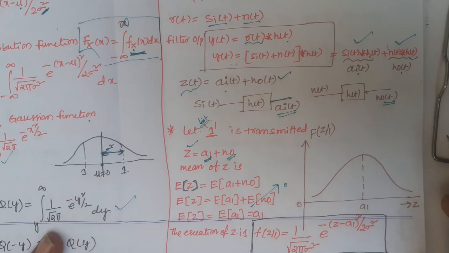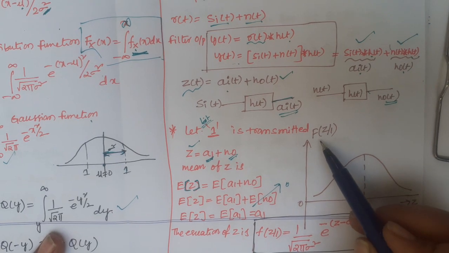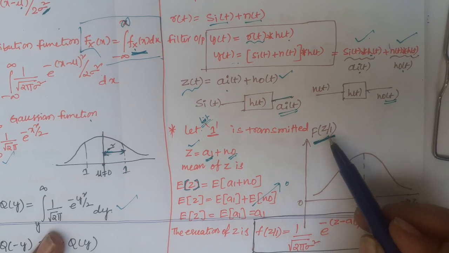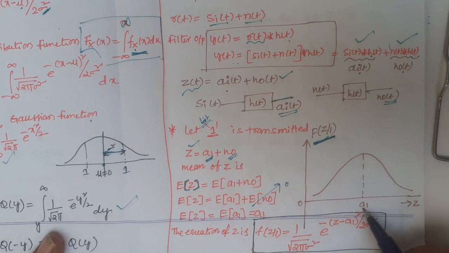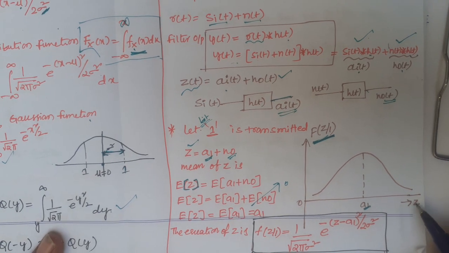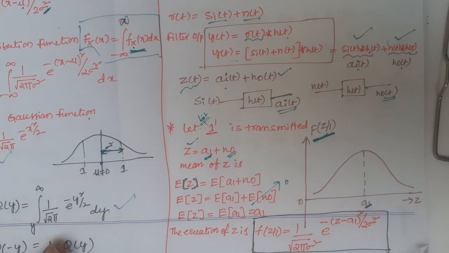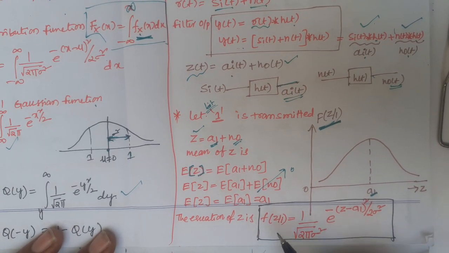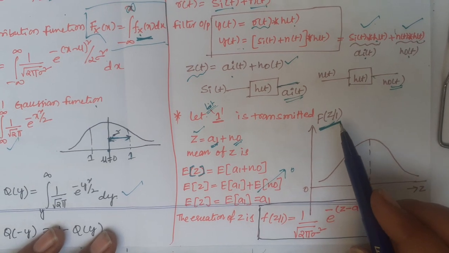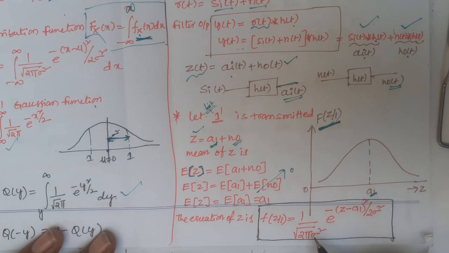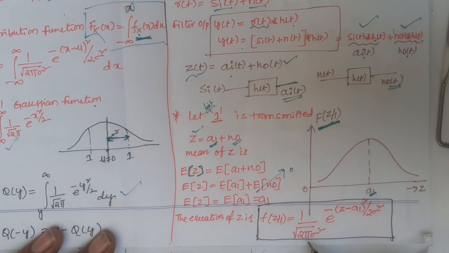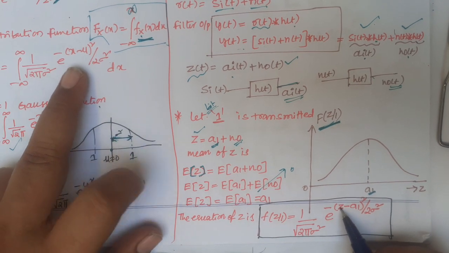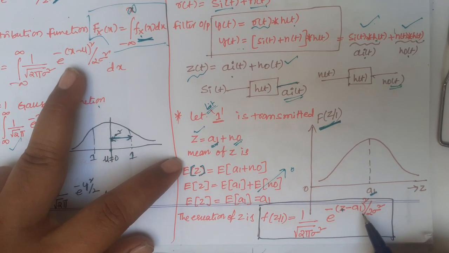So this is the signal 1 transmitted, that is represented by the probability density function f of z given 1, where the mean is A1 with y-axis Z. Now the equation of the probability distribution function for transmission of bit 1, represented by f of z given 1, is equal to 1 by under root 2 pi sigma square, e power minus (z minus A1) whole square by 2 sigma square, where Z is the output of the filter and A1 is the mean.